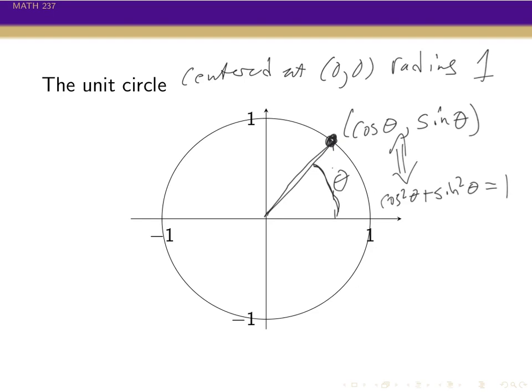So the points on the unit circle, we can think about them in terms of this angle, theta. The x-coordinate is going to be the cosine of that angle. The y-coordinate is going to be the sine of that angle. That really is the definition of cosine and sine. And since this is all on the circle centered at (0, 0) of radius 1, that tells us that cosine squared plus sine squared always has to equal 1.